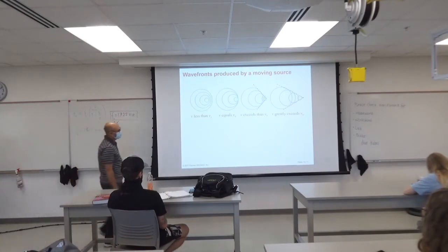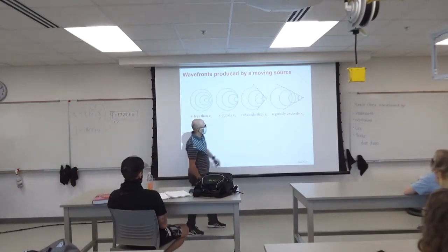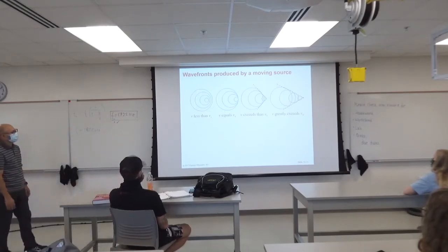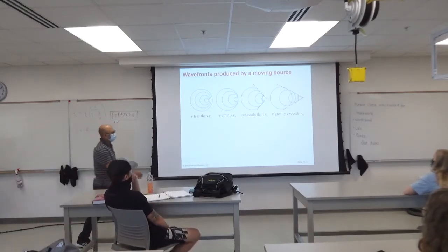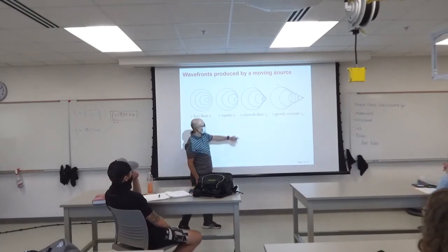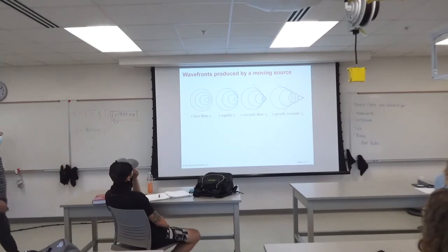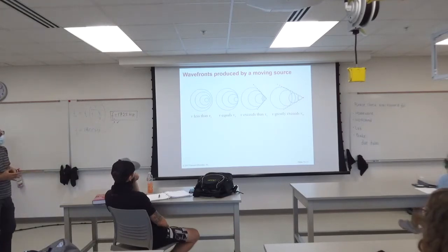Here, the speed of the source is greater than the speed of the sound or the wave. The last one is when the speed of the source highly exceeds the speed of the wave.